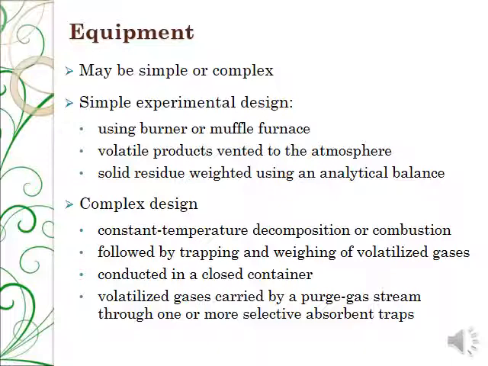A complex setup involves constant temperature decomposition or combustion, followed by trapping and weighing of the volatile gases, conducted in a closed container, and the volatile gases will be carried by a purge gas stream through one or more selective absorption traps.